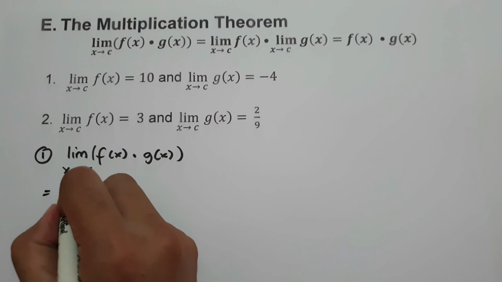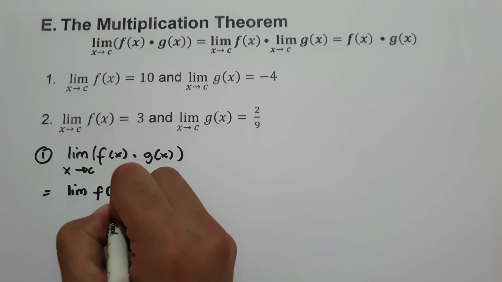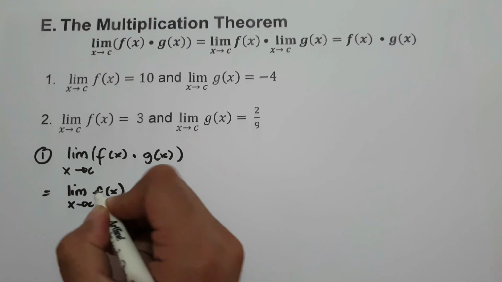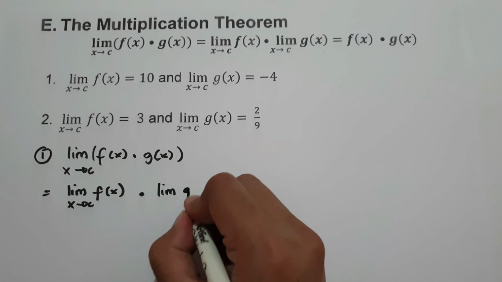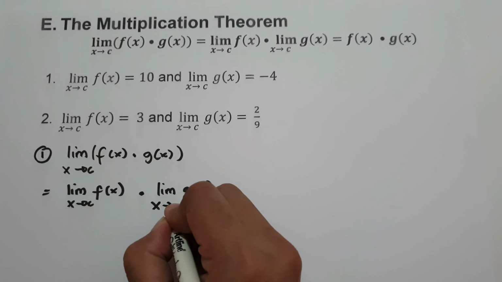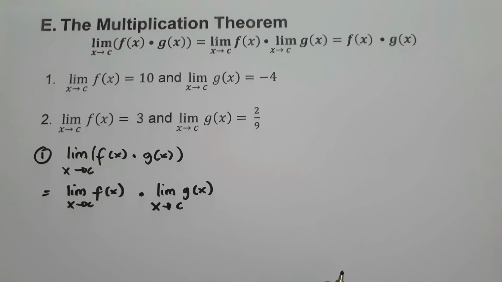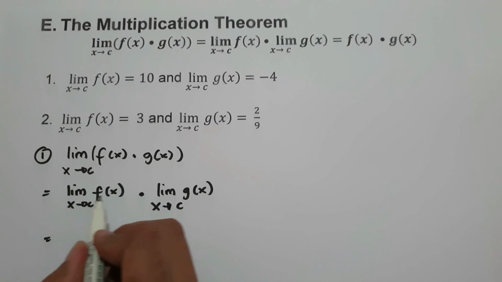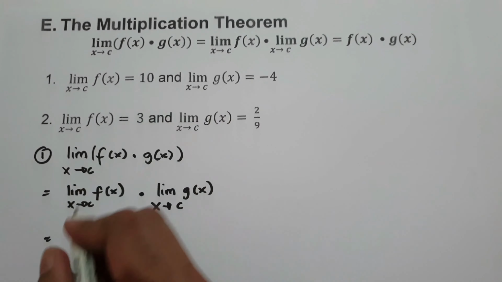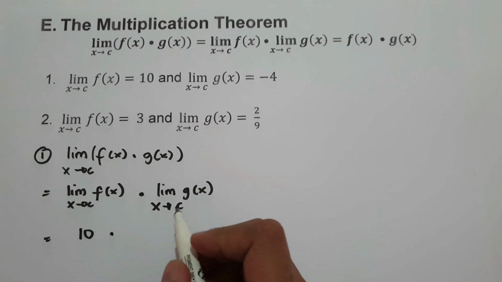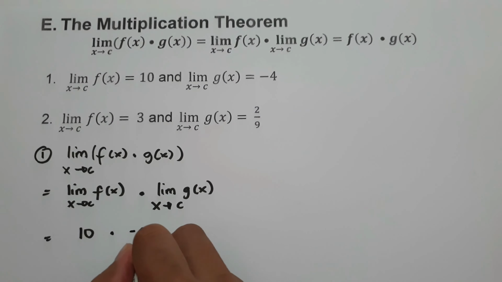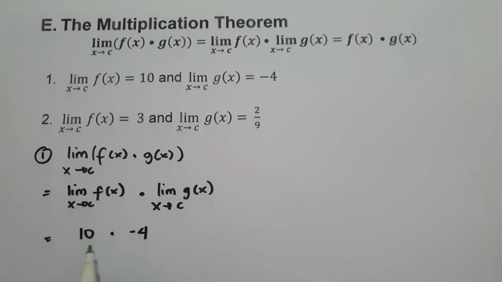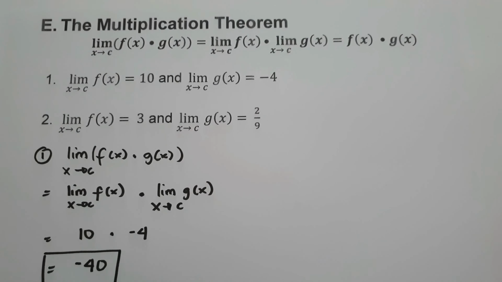So let us have the limit of f of x as x approaches c multiplied by the limit of g of x as x approaches c. The limit of f of x is 10, multiplied by the limit of g of x, that is negative 4. So therefore, 10 multiplied by negative 4, that is negative 40. And this will be our answer.